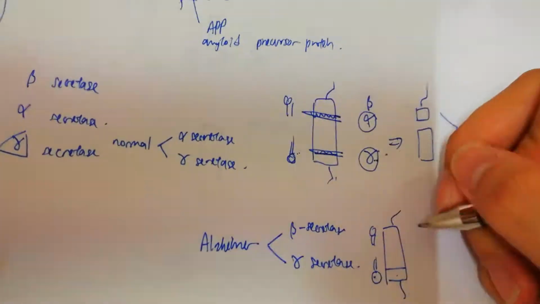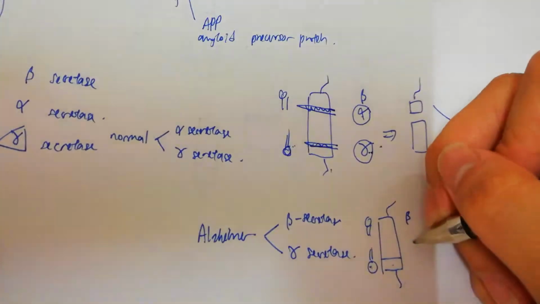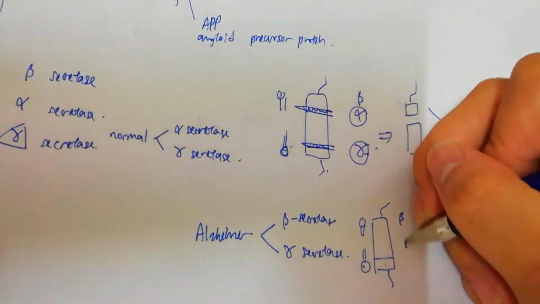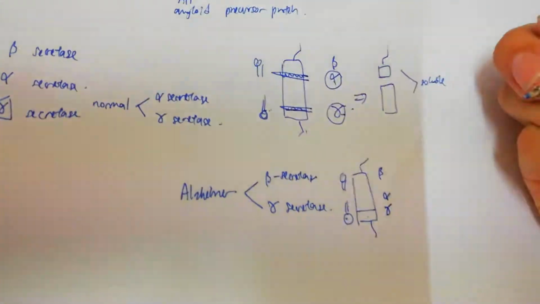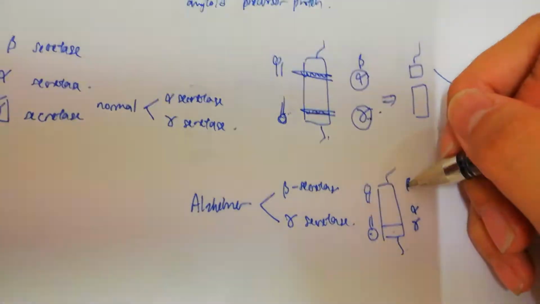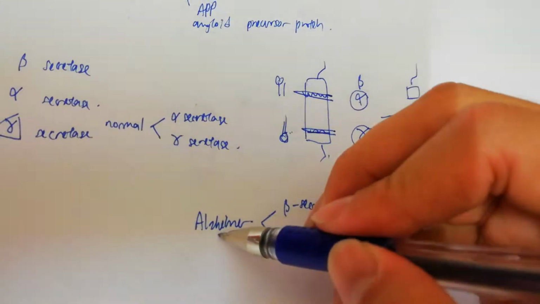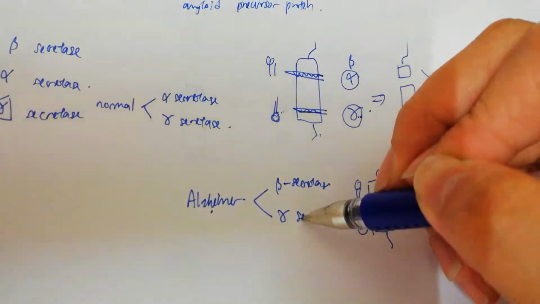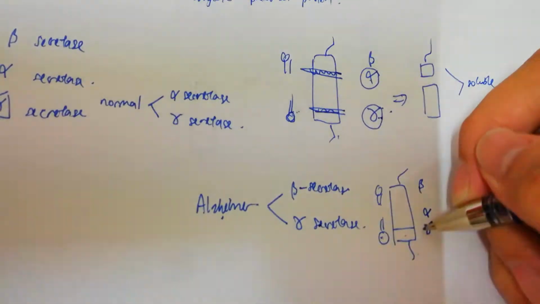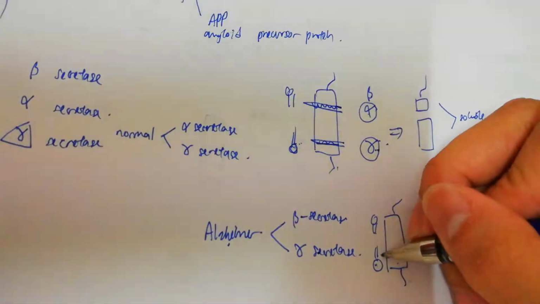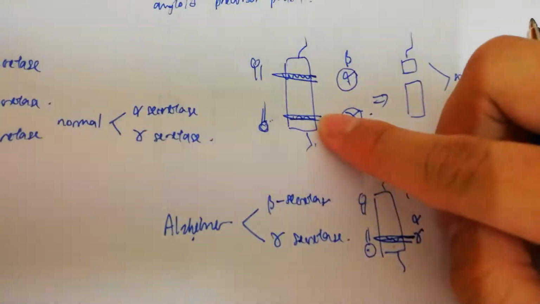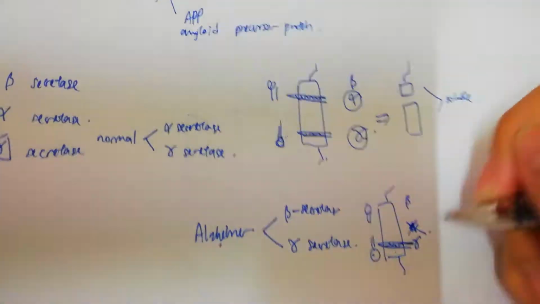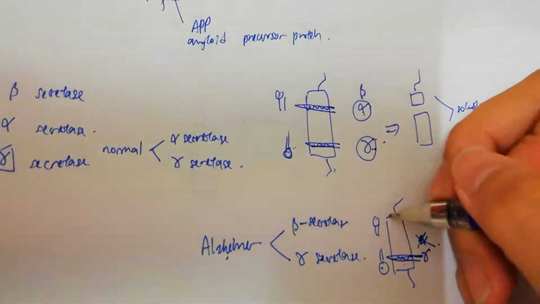Put all the enzymes here, beta and alpha and gamma. So in Alzheimer's disease, we are going to talk about beta and gamma. Gamma is going to be present no matter what condition. So gamma is going to cut over this region, just like what happens over here. And then beta, we are not going to talk about alpha, it is going to cut over this region.